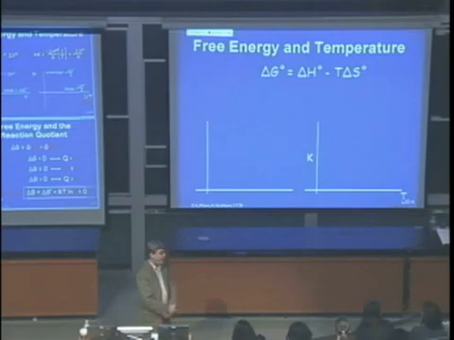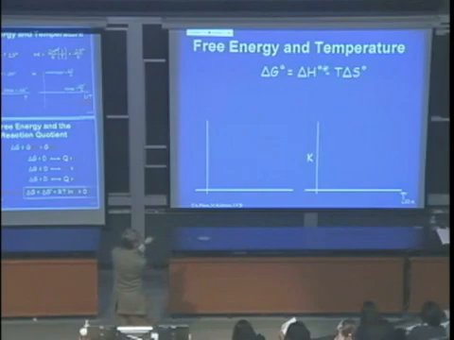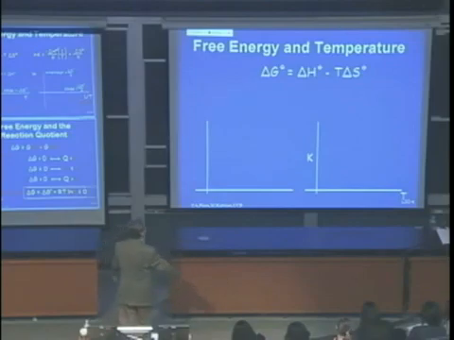So now we know that the change in free energy at standard state is the change in the enthalpy at standard state minus the temperature times the change in entropy at standard state. That we know, okay?